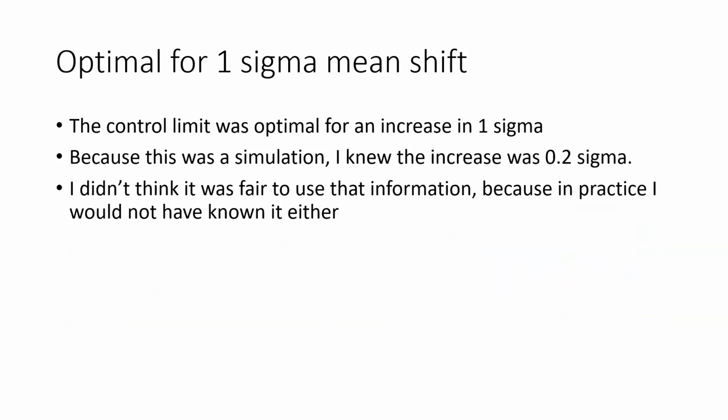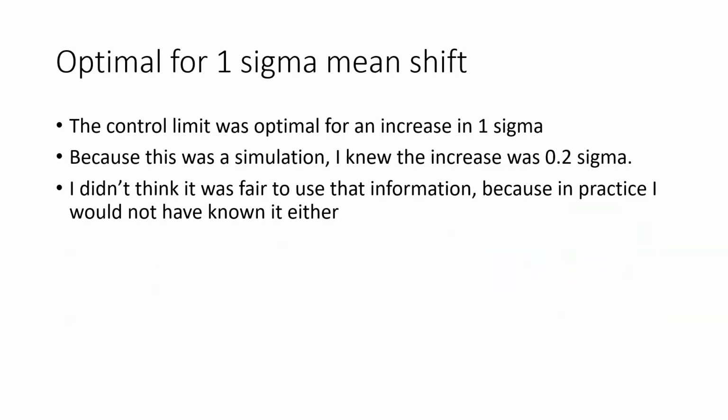But the reason why I didn't do that initially is because I didn't think it was fair. It's a simulation. In a simulation, I know everything, right? And it's easy to find something optimal for a simulation. But on the factory floor, I don't know what exact mean shift is going to occur ahead of time. And so I have to make a reasonable guess of what I want to guard against.